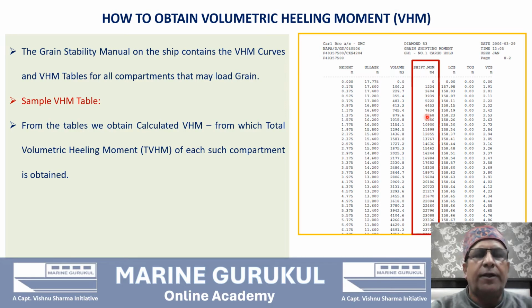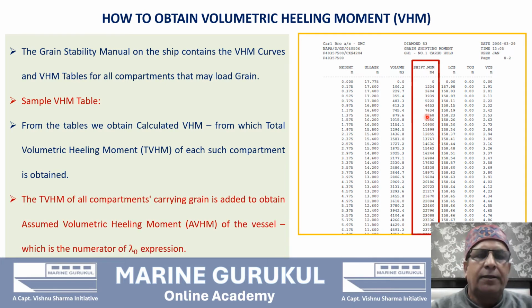So from the calculated volumetric heeling moment of each compartment, we shall arrive at total volumetric heeling moment of each compartment. And the total volumetric heeling moment of each compartment shall be added together to give us the assumed volumetric heeling moment of the vessel, which shall be the numerator of the lambda zero expression.